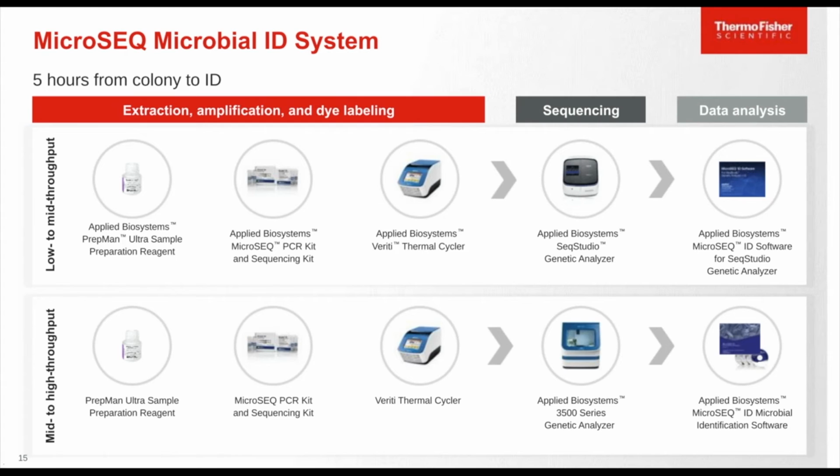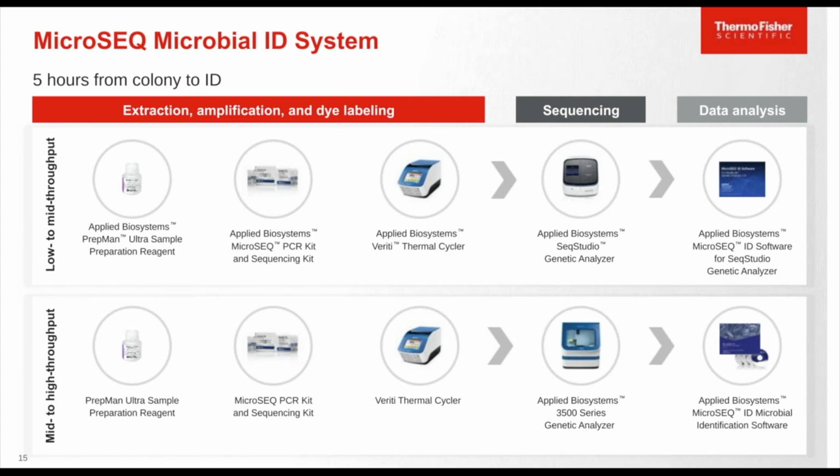Now, the MicroSEQ ID system is a high-throughput comparative DNA sequencing for identification of bacteria, fungi, and yeast. And the whole system includes the PCR and sequencing kits, genetic analyzers or sequencer, and the MicroSEQ ID software and the associated libraries, and the PCR thermocycler.